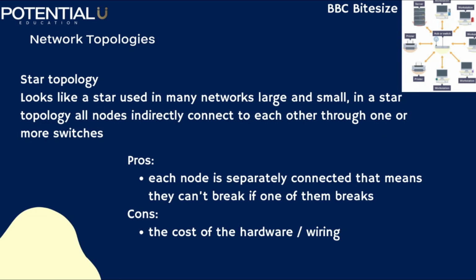The pro is that each node is separately connected, and that means that they can't break if one of them breaks. For instance, let's say the workstation here broke. The workstation here is still going to be able to work, and so is the printer. The only issue would be if the hub or the switch broke, and then, well, everything would break.